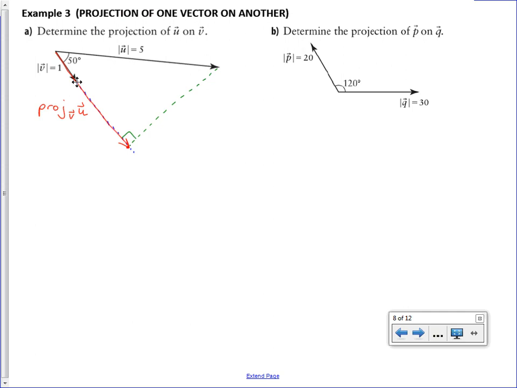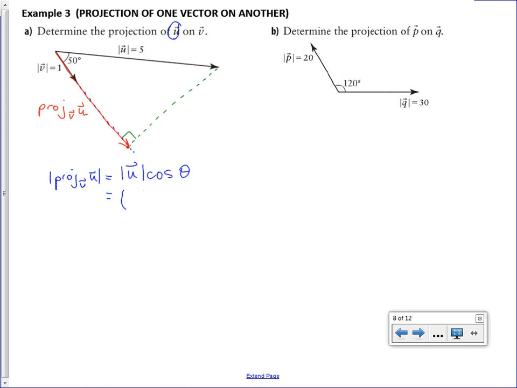There it is. If I want the magnitude of that, okay, I want the magnitude, it's going to be the magnitude of the big vector. I know this seems silly, but it's the way I memorize it too, right? Whatever the size of the vector you're projecting, that's the size you want, times the cosine of the angle between. So we'll do cos theta.